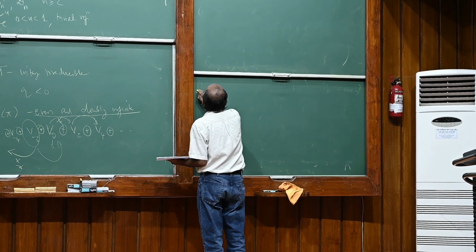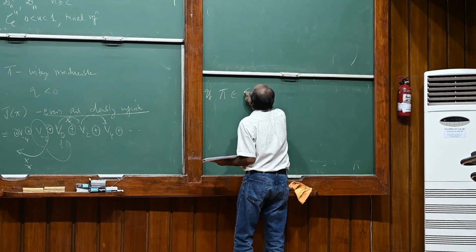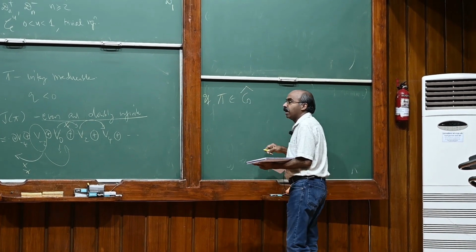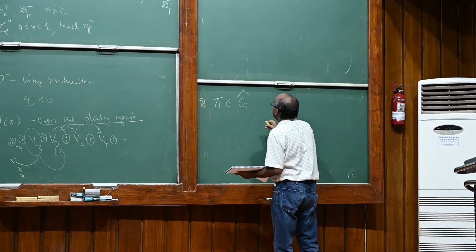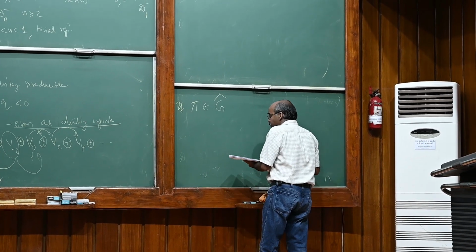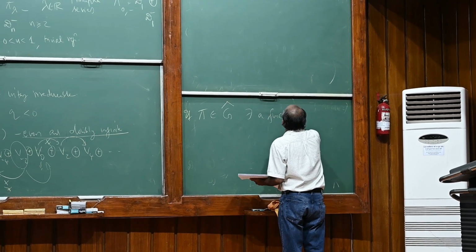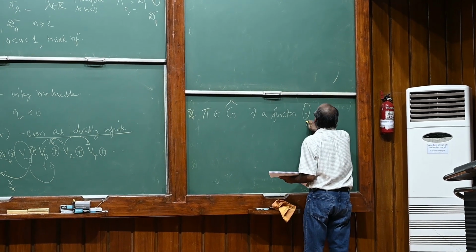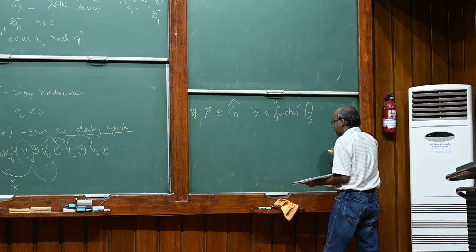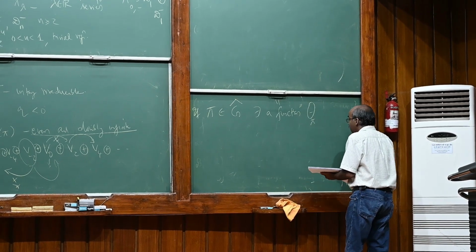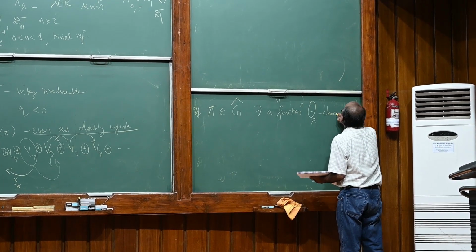So this is something which you have been hearing for a while now. If pi is a unitary irreducible representation of G, there exists a function theta pi. Initially a distribution, but then it becomes a function, which is called the character of pi.